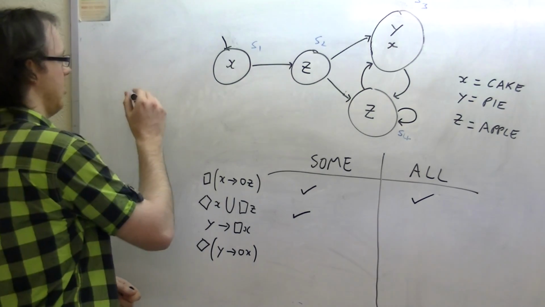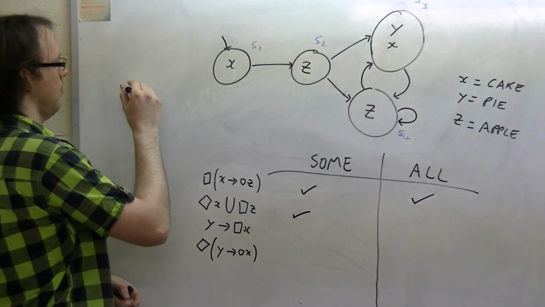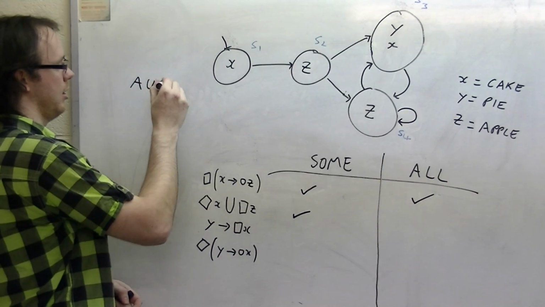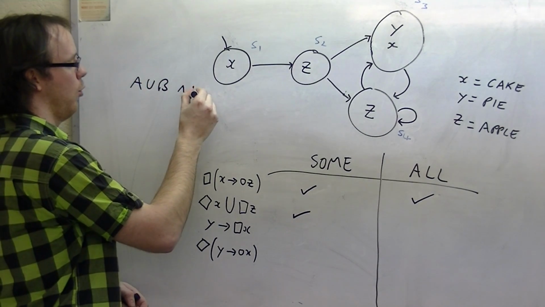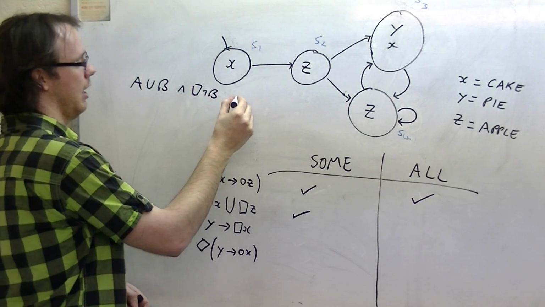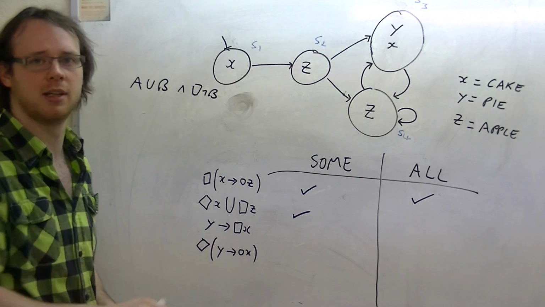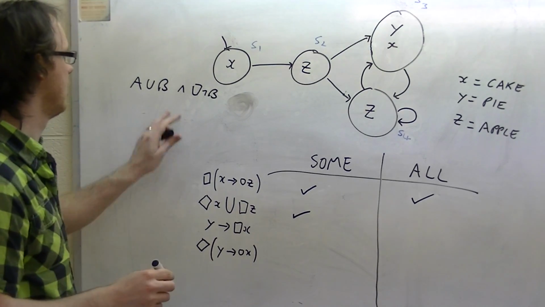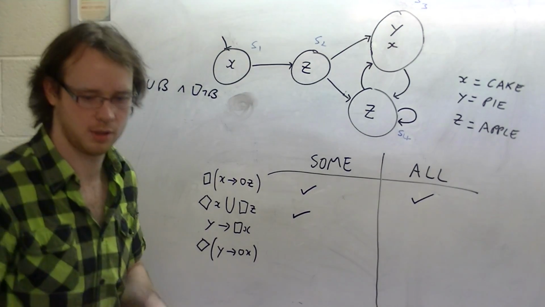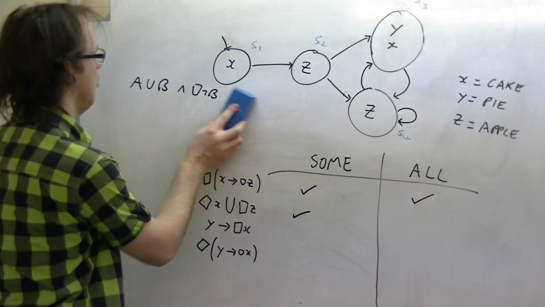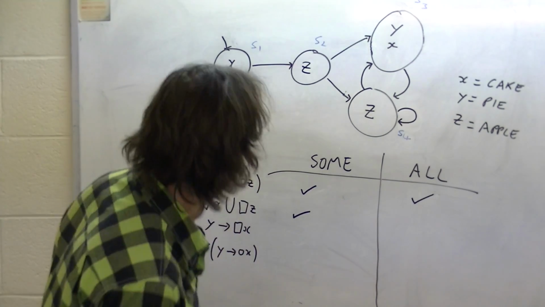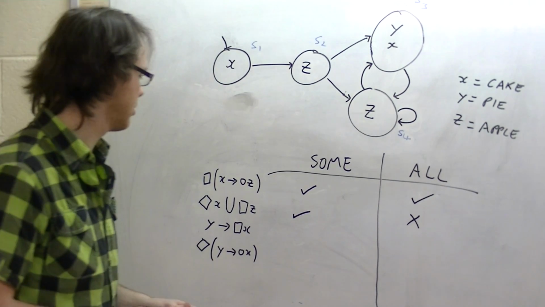So in fact, if we have A until B and always not B, this can never be true. So that can't hold. I could write that more succinctly. Okay, so this one is false.